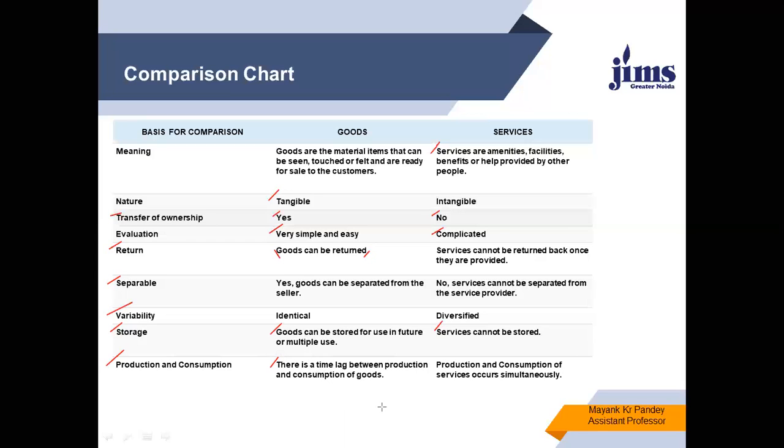Right? So there is a lag between production and consumption. While in case of service, there is no lag. Why is there no lag? Because production and consumption take place simultaneously, right? So these are the basic comparative differences between these two, goods and services.